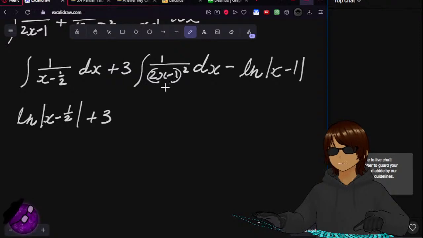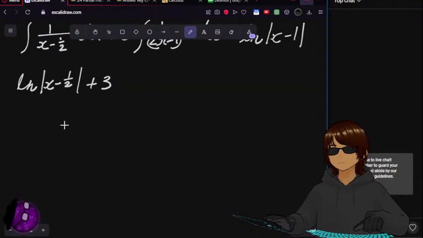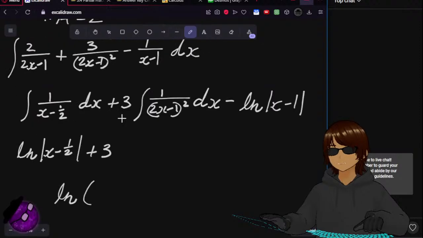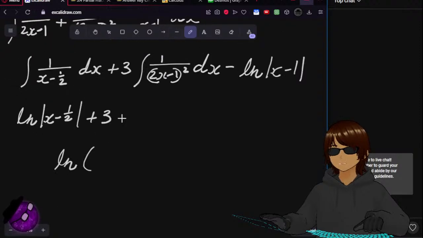how should I do this one? So this is, wait, ln of, no, not ln.